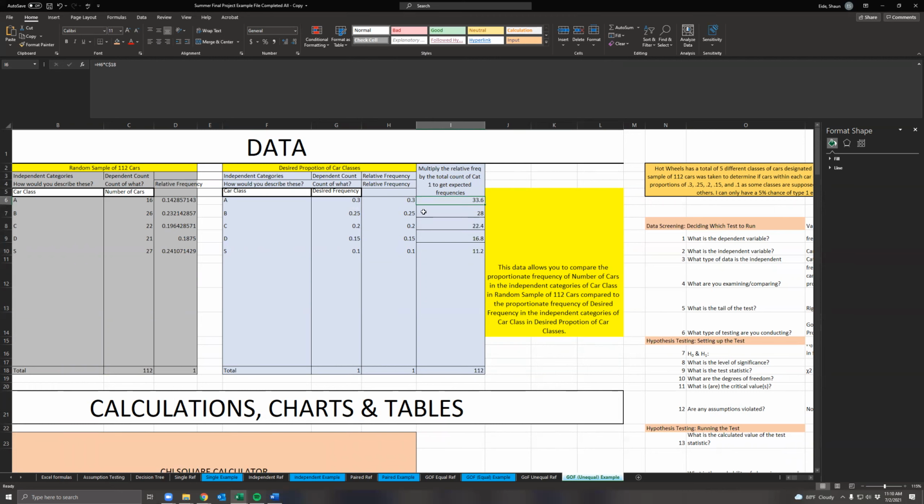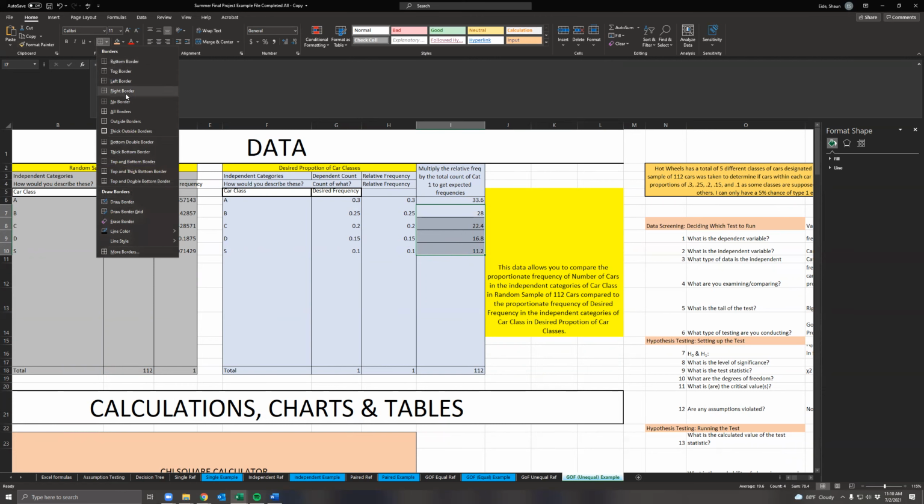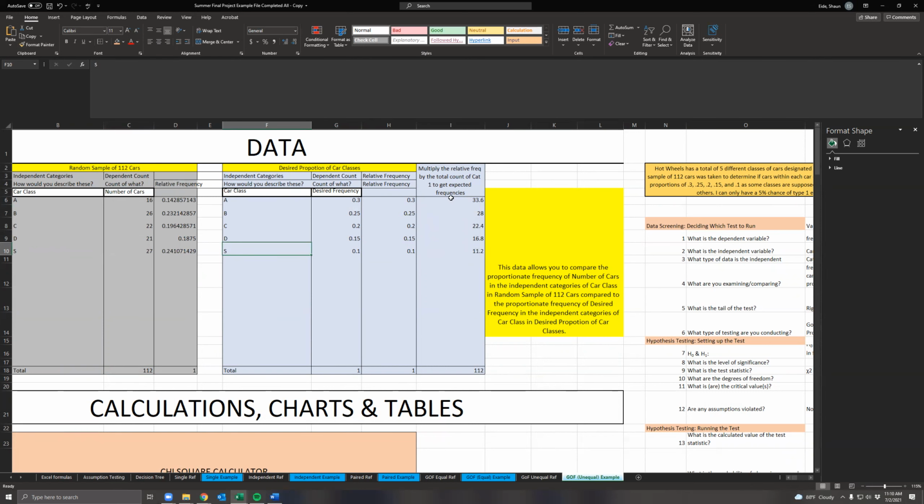Okay. And this gives us, based on this total number of cars, this is what the expected frequency should be. And I'm going to change these borders really quick because there we go. So this is what the expected frequency should be based on the number of cars that they have and the desired frequency. So that's how you calculate the expected frequency.